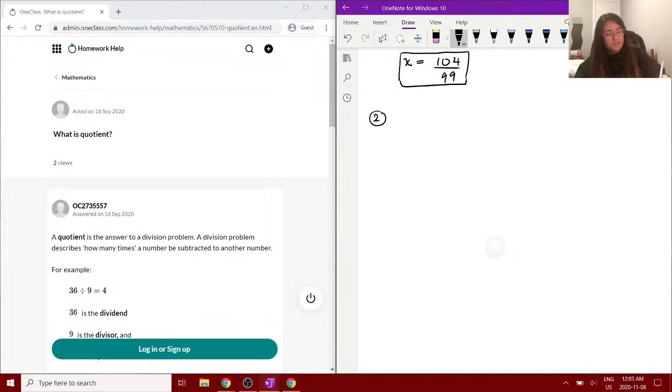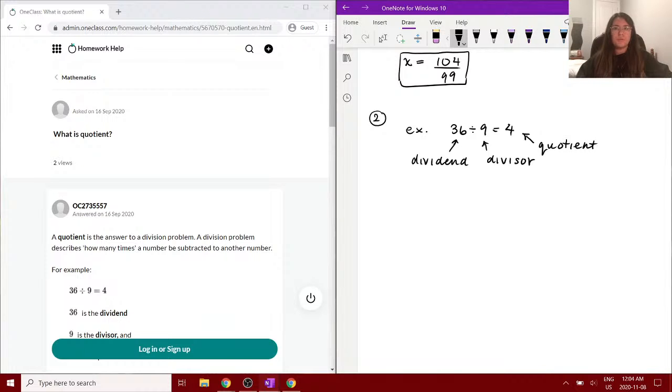So here it gives the example that 36 divided by 9 is equal to 4, and it shows that 36 is the dividend, 9 is the divisor, and therefore 4 is the quotient. So that is the answer to the division problem.